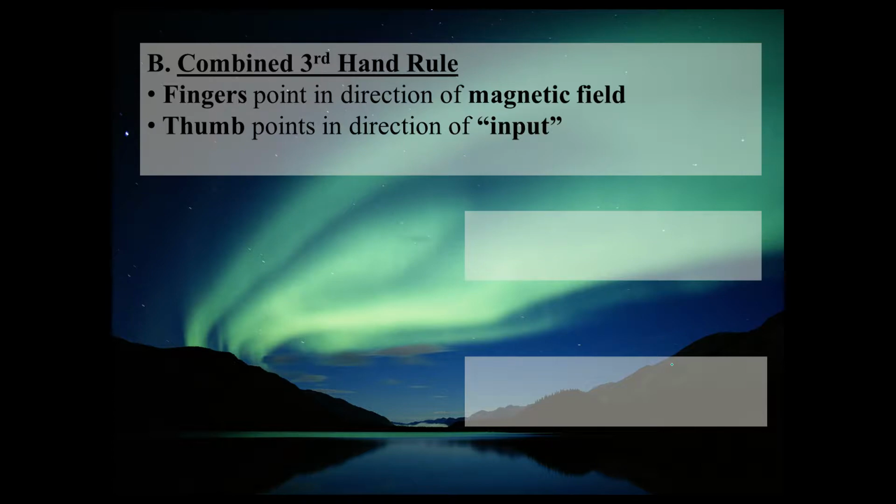Like, what are you putting into the actual system? The direction your palm faces is your output. So your output for a single charge through a magnetic field, moving charge, or a current carrying wire is always a deflecting magnetic force. In the case of electromagnetic induction, your output would be induced current.